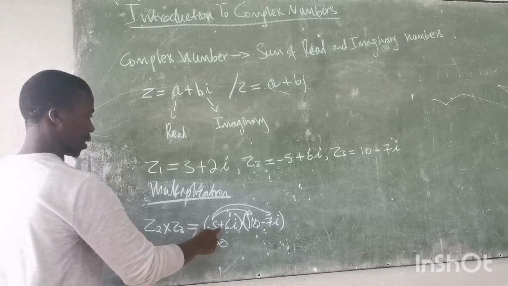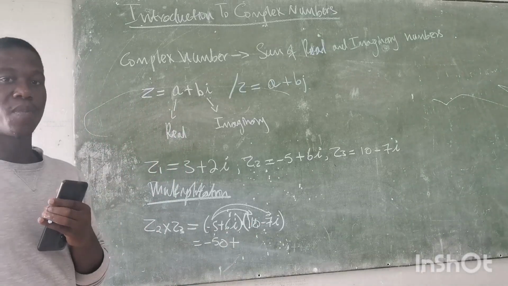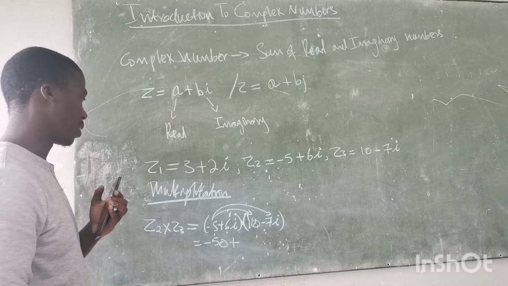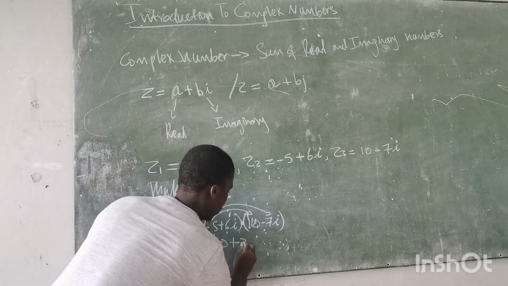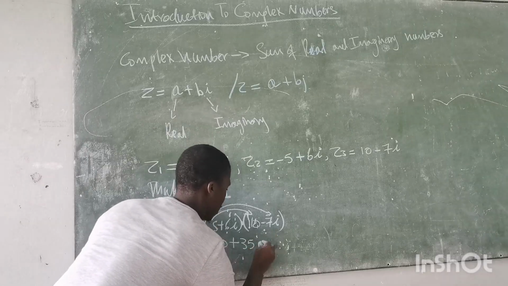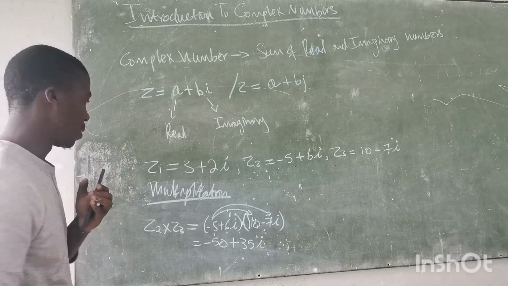So negative times negative is going to give us positive. 5 multiplied by 7 is going to be 35. There is our imaginary number. It's going to be 35i.